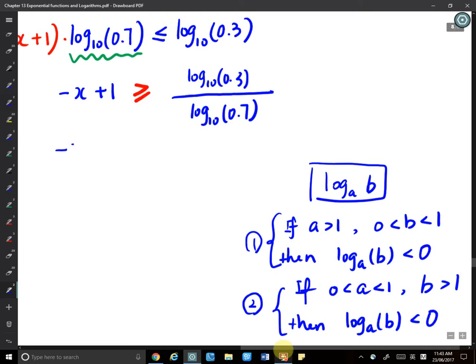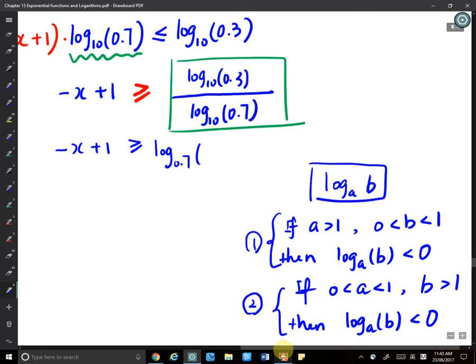And I want to do one more thing. Use the change of base formula, in a reverse way of using it. That gives log base 0.7 of 0.3. I hope you can see it.